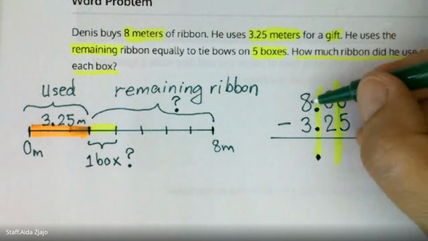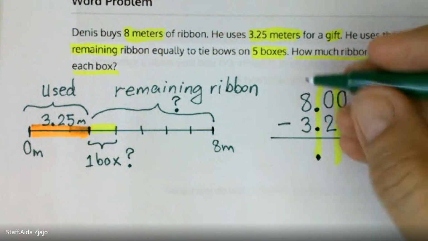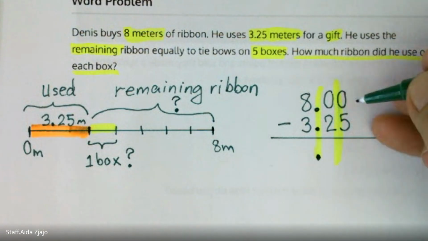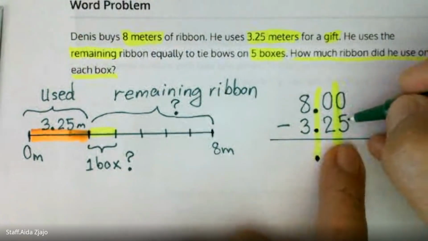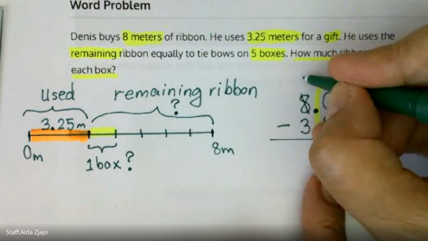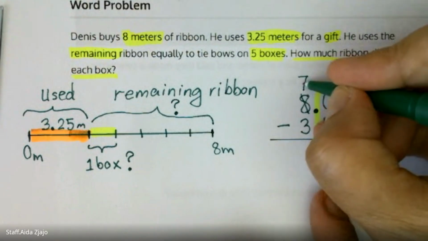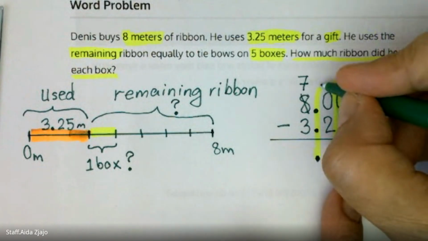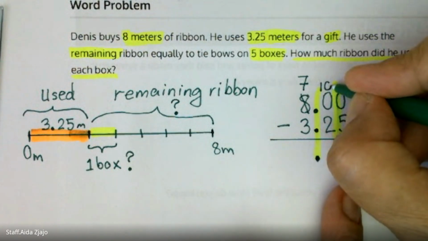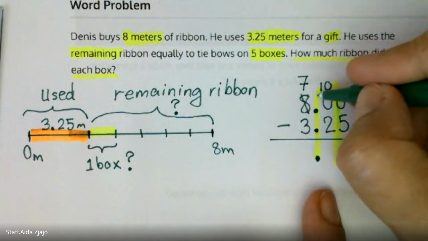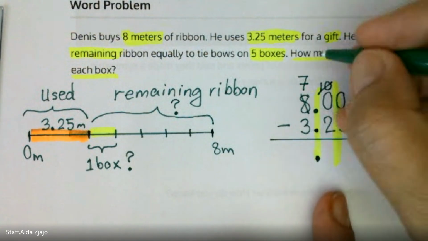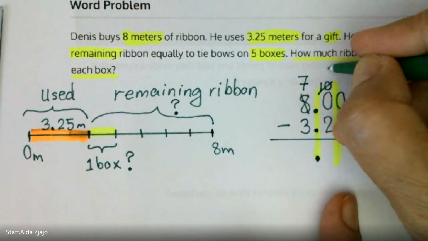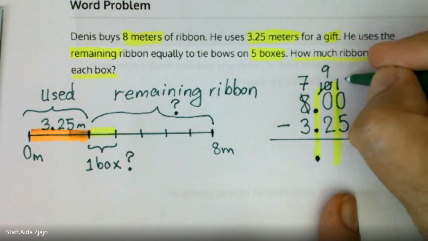So 8 wholes of meters. We don't have any tenths or hundredths, so we have to regroup. 1 meter will give me 10 decimeters, then I need a centimeter, so I do 9, and that becomes 10.